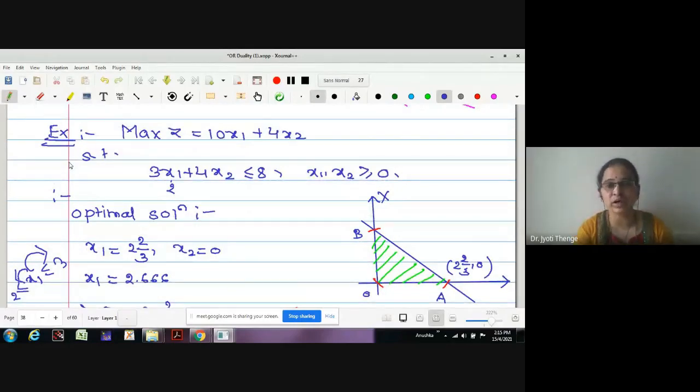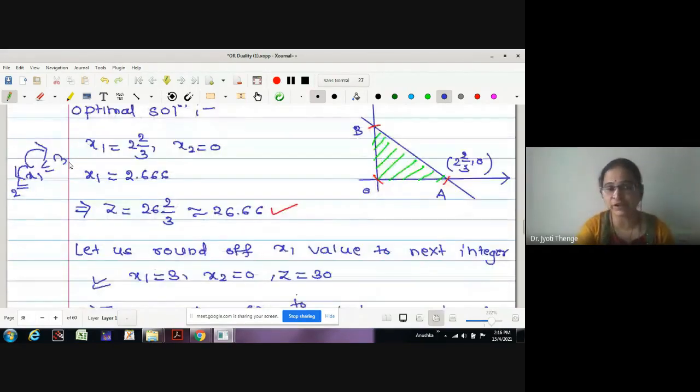That's why there is a need to develop a systematic procedure to round off the values of the decision variables to integer ones. Gomory was the first person to give a systematic procedure, called Gomory's cutting plane algorithm, to get integer values of the variables. Therefore, we are going to study two different methods: Gomory's cutting plane algorithm and the branch and bound algorithm. Any difficulty with the introduction of this topic?